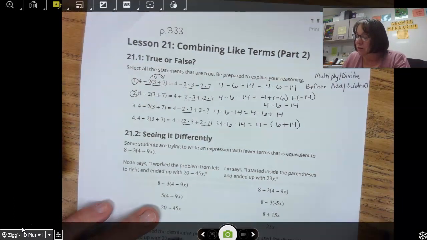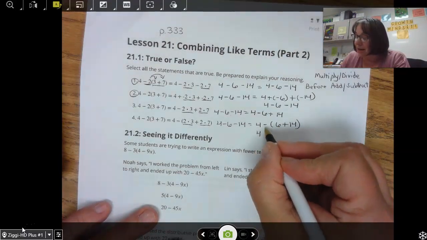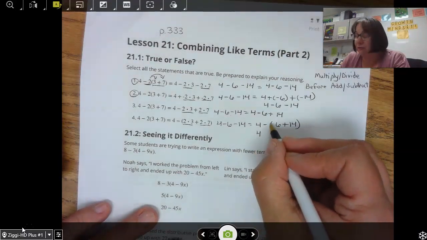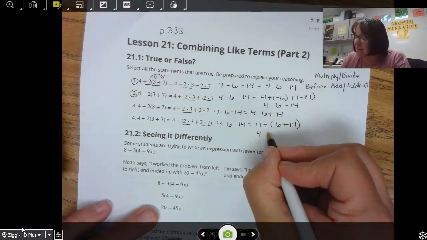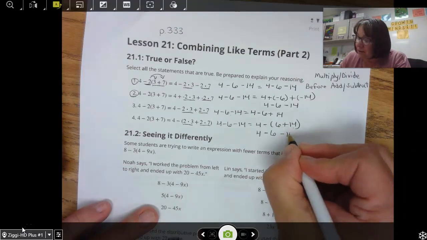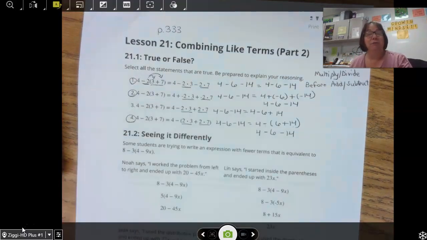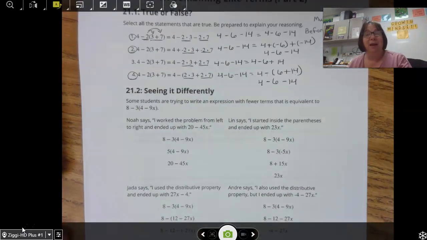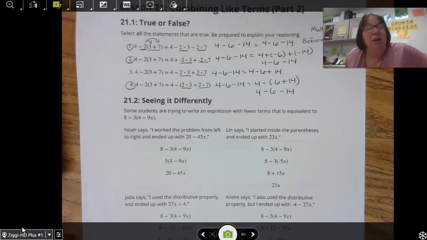So now when I distribute this, I'm going to have 4, and this is like a negative 1 on the outside, or you're finding the opposite of 6, so it would be negative 6, and the opposite of 14 is negative 14. So these two, again, turned out to be the same. So 1, 2, and 4 were the ones that were the same. And just taking the time to remember our order of operations on that problem.